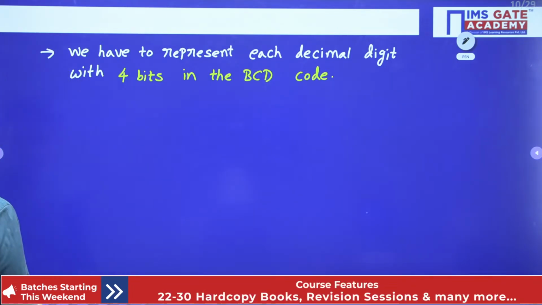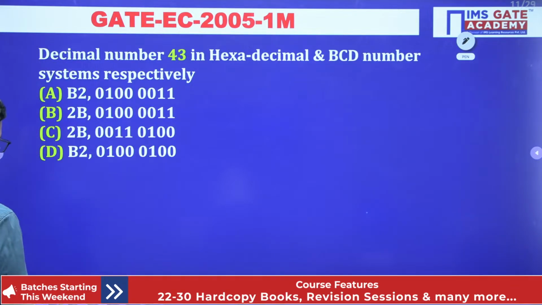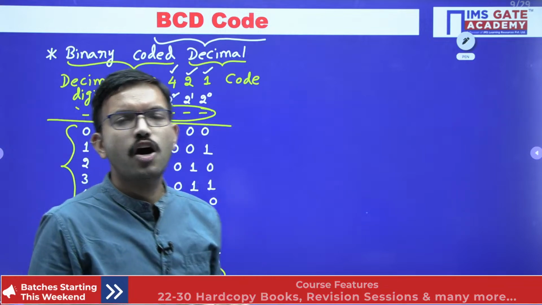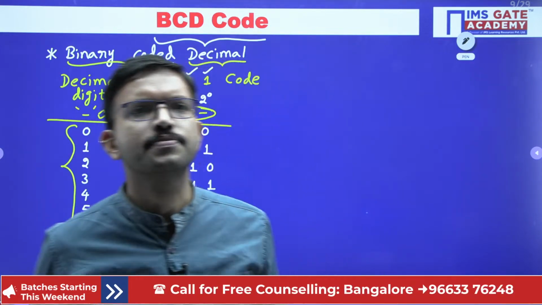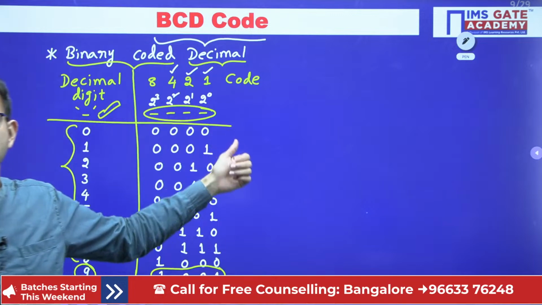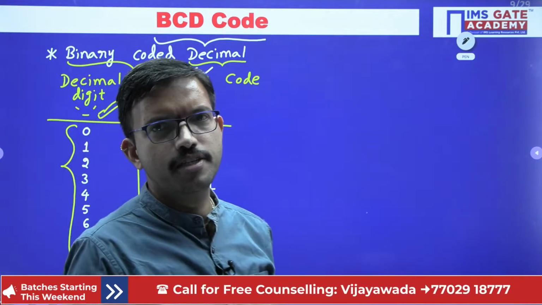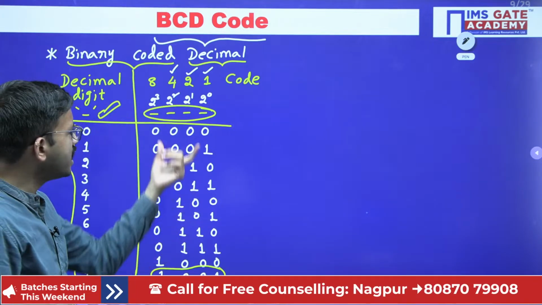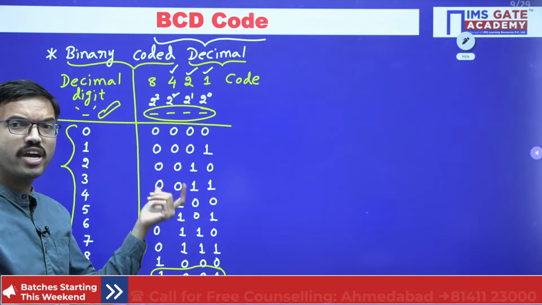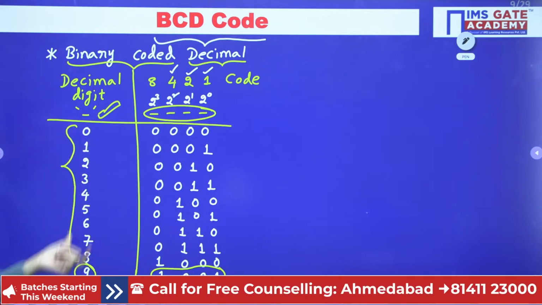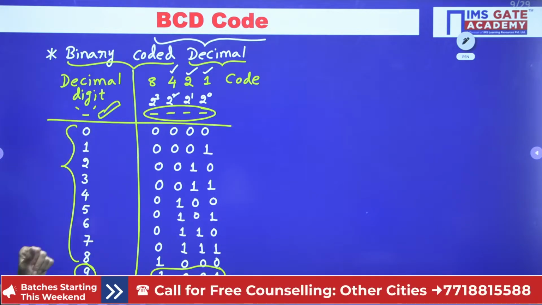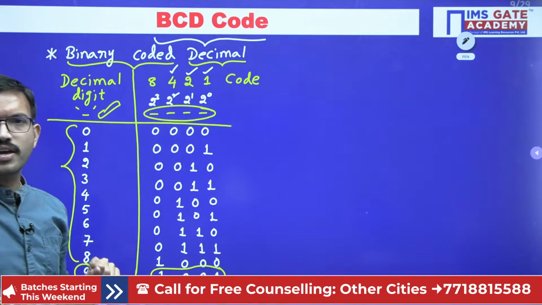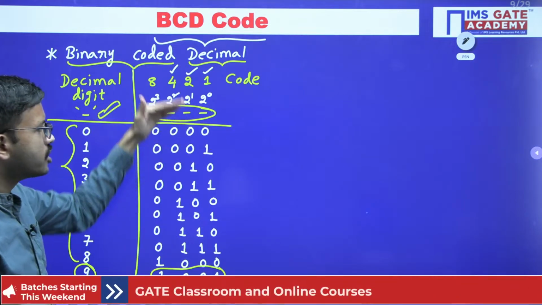Now, in general, if you have 4 bits, how many combinations of zeros and ones will you get? You will get 16. Yes or no? But here we are using only 10 combinations, because we have 10 possible values for a single decimal digit. That's why we are using 10 BCD codes. But with 4 bits, totally you get 16 combinations.